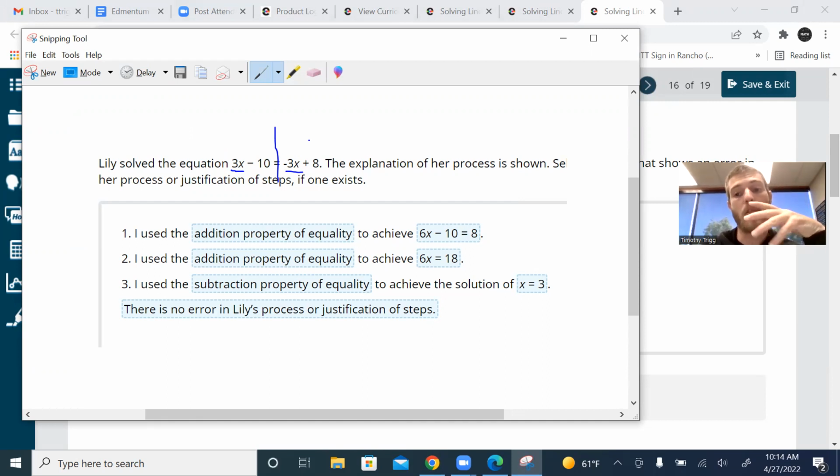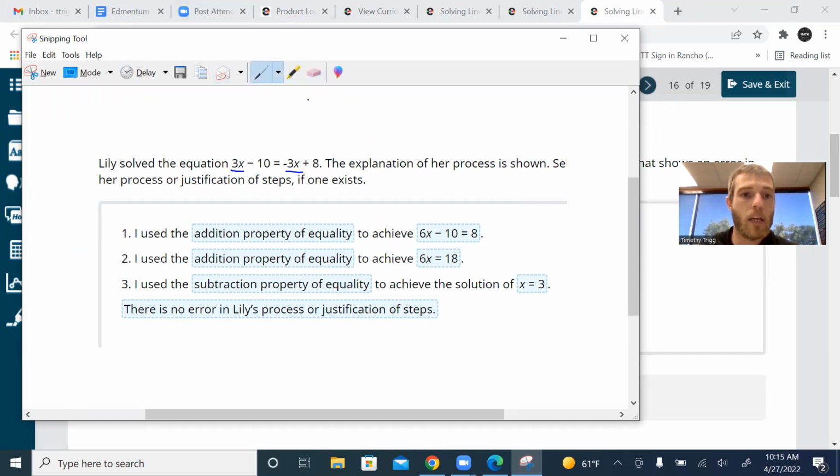You want to get all your x's together on the same side of the equation before you do anything else. Generally, that'll be your first step when solving most equations: whatever variable you're solving for, in this case x, you want them all together on the same side. So the fact that there are x's on both sides, we don't like that.